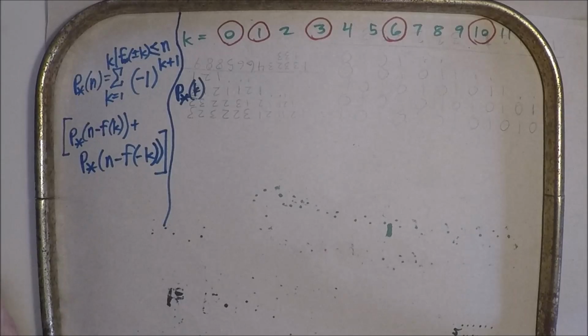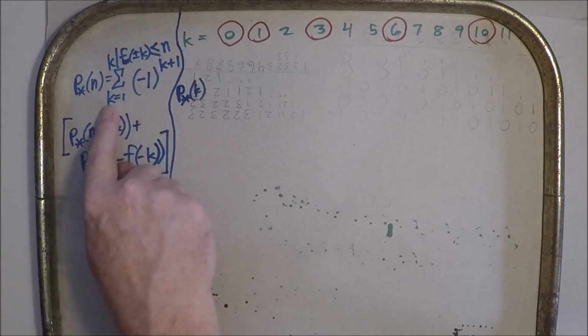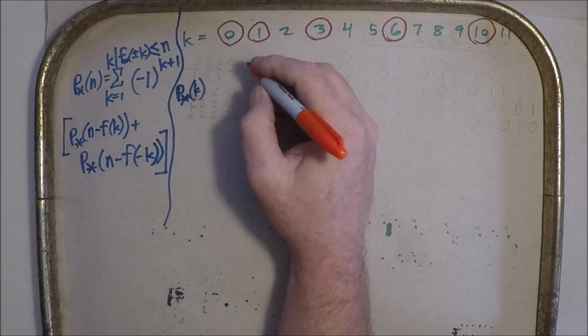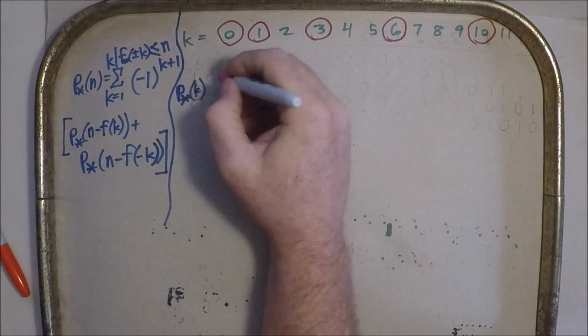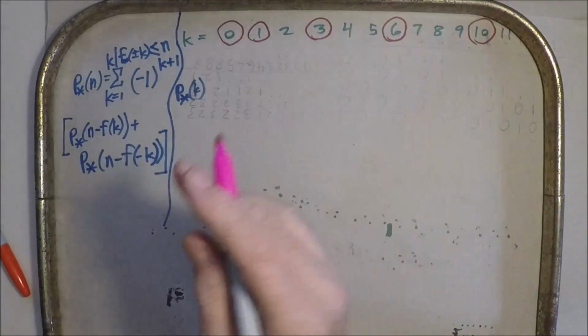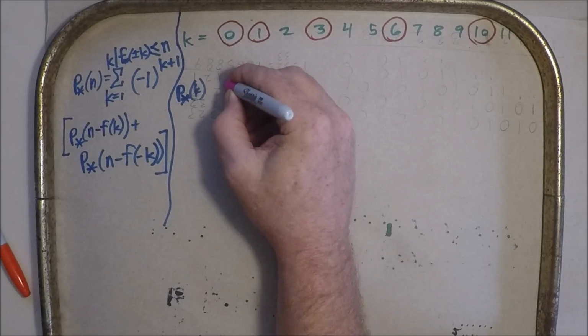Then we want to follow this recurrence to generate it. So we start with, by definition, P star of 0, the partition of 0, being 1.